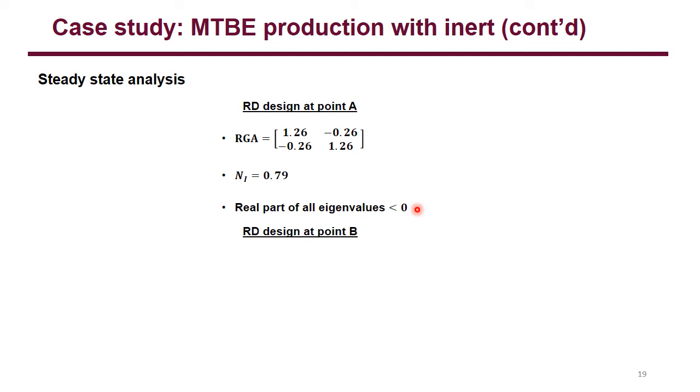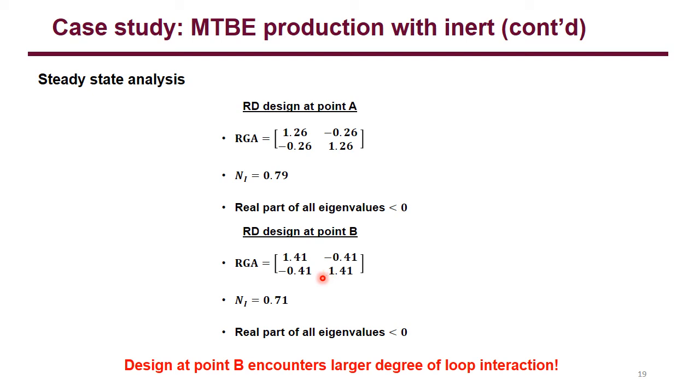Similarly, for the RD design at point B, even though the real parts of the eigenvalues are negative and the system is not unstable, we can see that the diagonal elements go further away from unity, which means that the design at point B encounters a larger degree of loop interaction compared to the design at point A.